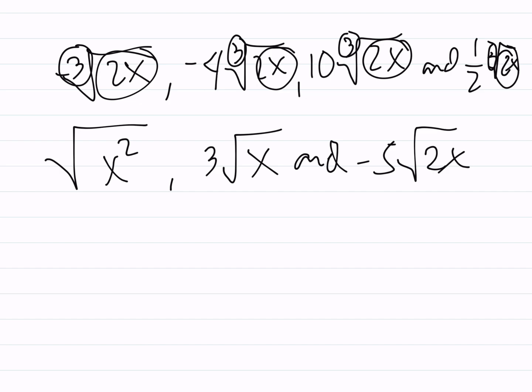These expressions have different radicands, which are the x squared, the x, and the 2x, even though they have the same index. When we say square root, the value of their index is 2. So they have the same index, but the radicands are different, so they are examples of unlike radicals.